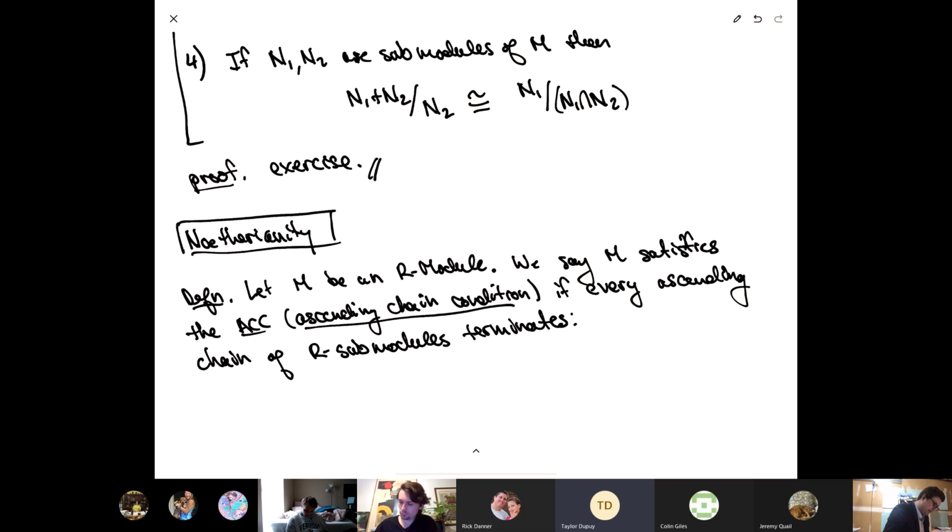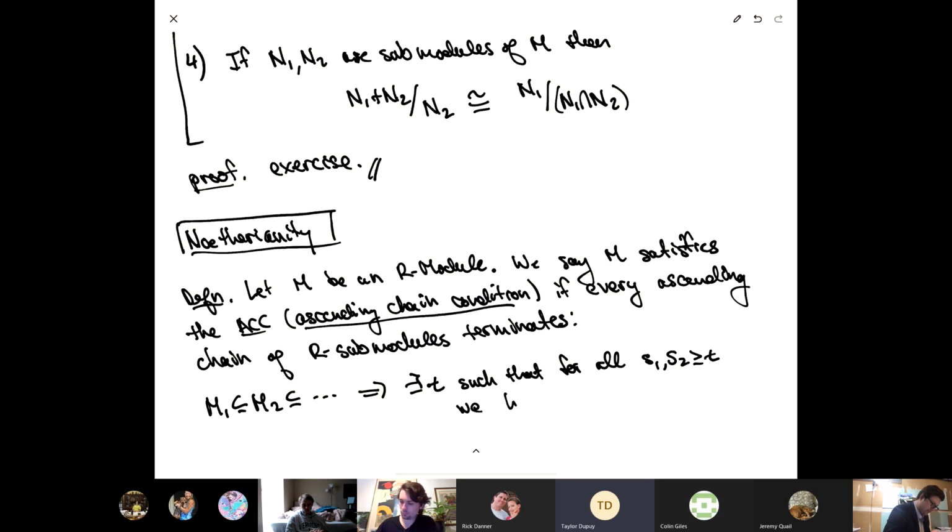So this means that if you have M1 contained in M2, contained in so on, then there exists some T such that for all S1 and S2 greater than or equal to T, we have M of S1 equal to M of S2.